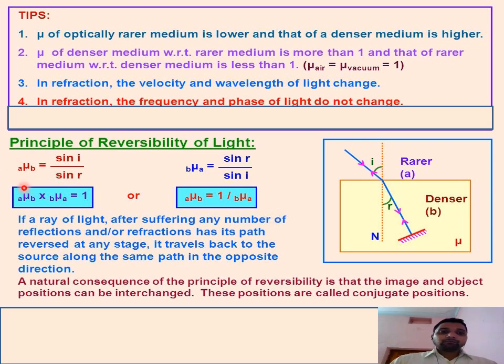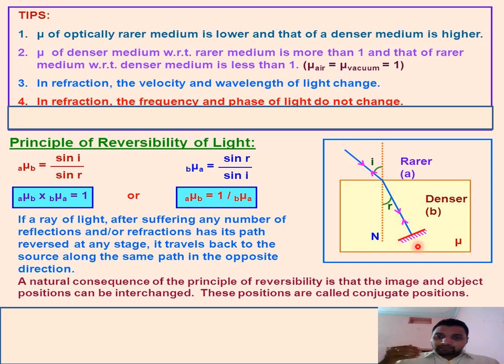When the ray of light is going from medium A to B, the refractive index of B with respect to A is sin I by sin R. Here I is the angle of incidence and R is the angle of refraction, the second law of refraction. Now when the light is reversed, this ray is the incident ray, and after refraction we get the second ray.